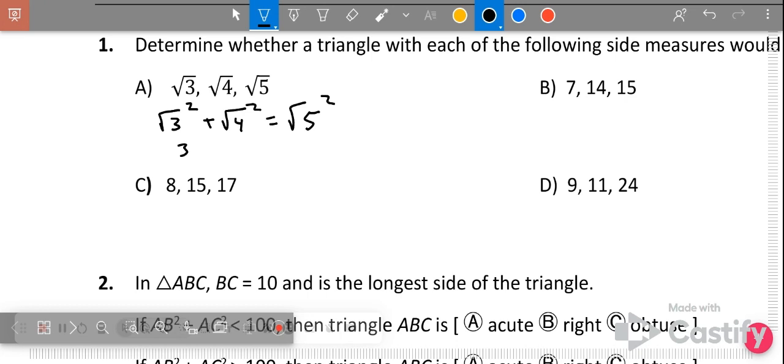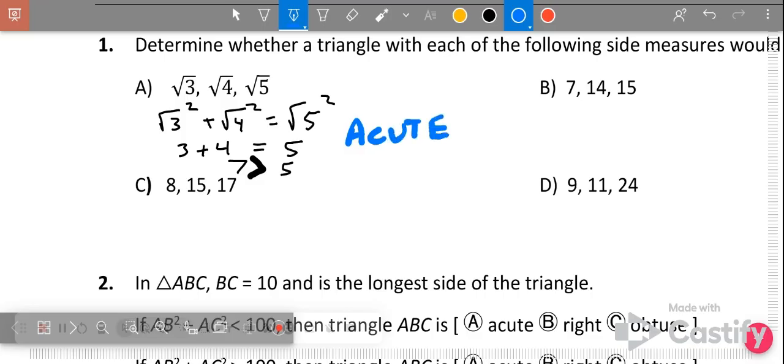So this just becomes 3 plus 4, and this just becomes 5. And we know they're not equal. I'm going to put the equal sign one more time there, but we know they're not equal. We know that indeed the a squared side is bigger. And so the answer here is that it is an acute triangle.